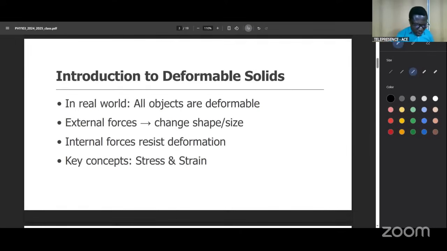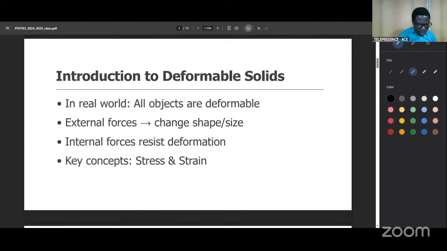Materials in the real world are all deformable to a certain extent when they are subjected to force. So a deformable solid is a body whose shape and or size changes when subjected to external forces.